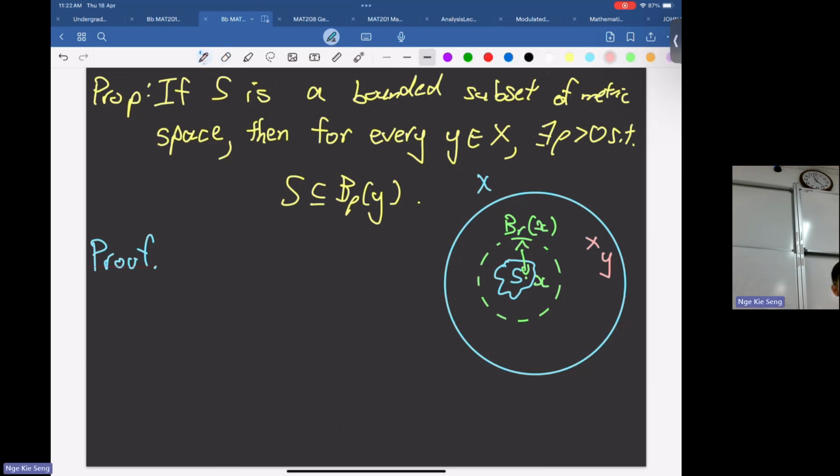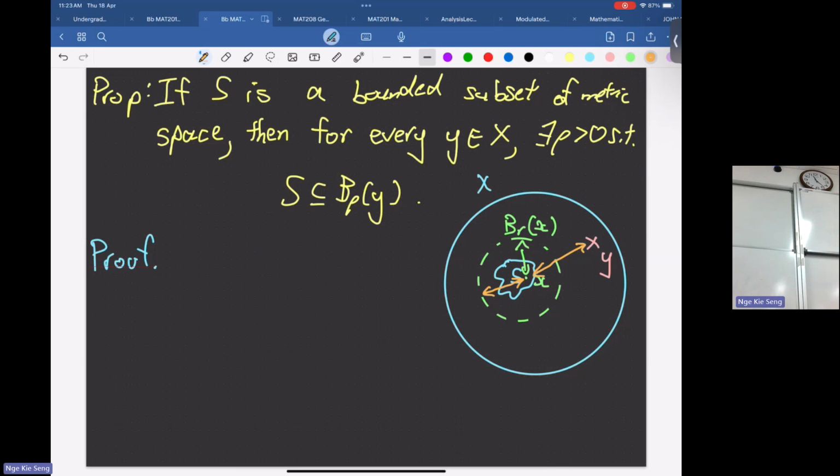So what was the suggestion yesterday? We can use the distance between X and Y to build a ball, and I can include the radius of the ball that is given by the condition of the bounded set.